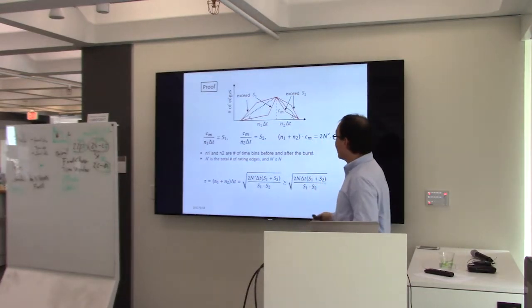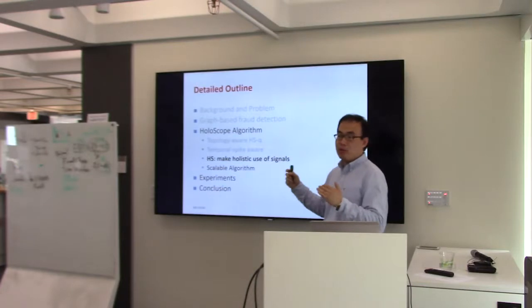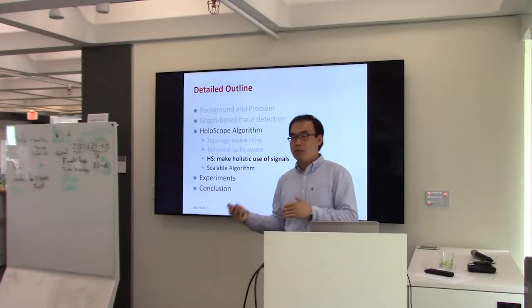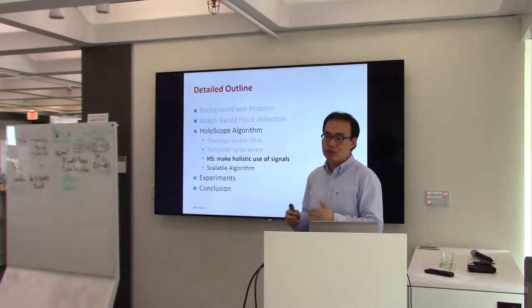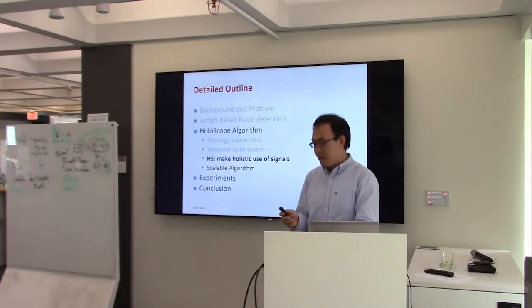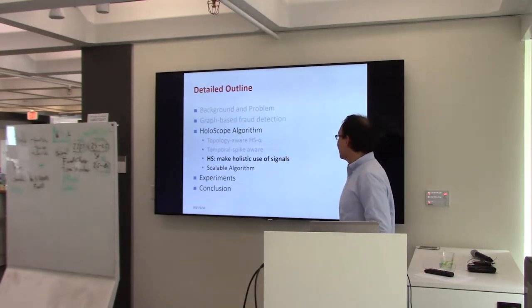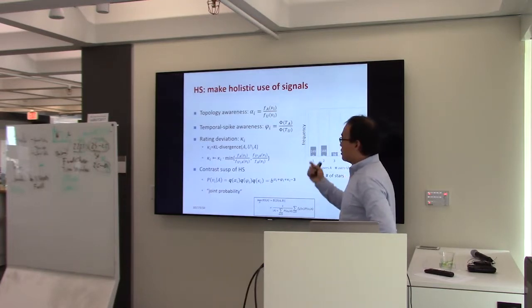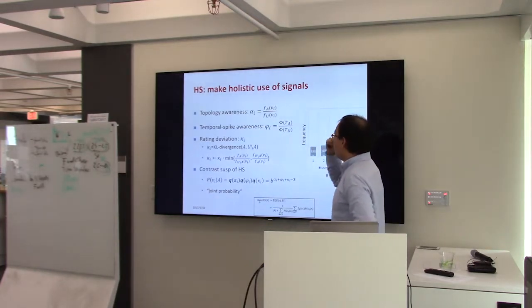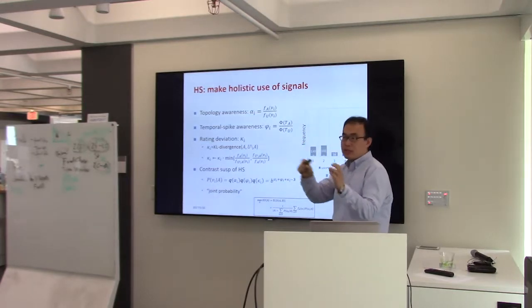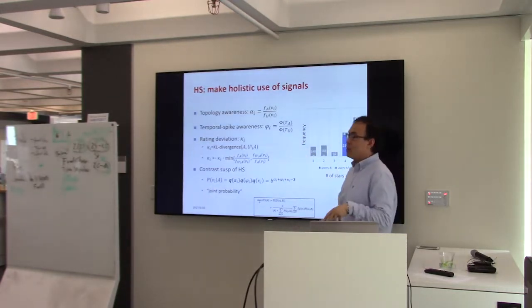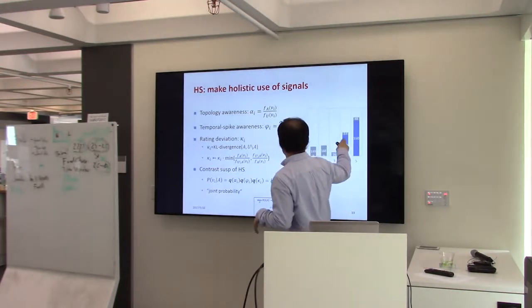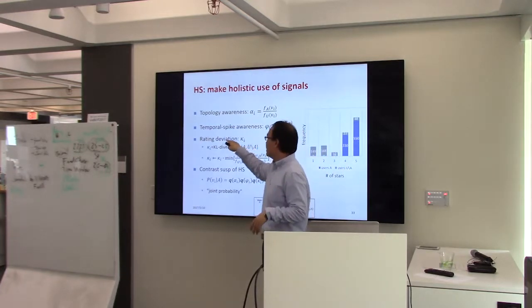In another way, we create some time obstructions. We increase the time cost for the fraudsters who want to create fake reviews. In the other case, we talk about how we make holistic use of all those signals: topology, temporal information, and also the rating scores.